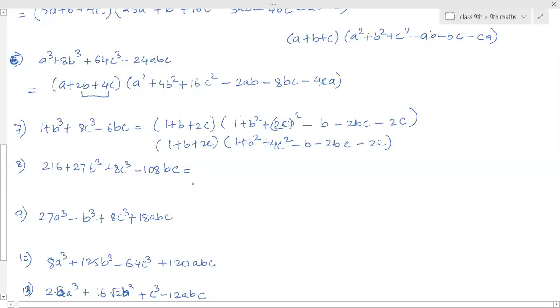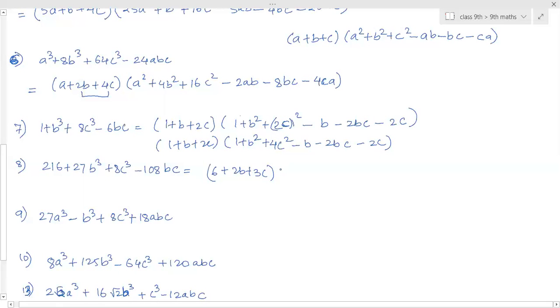Last step, ma'am. 6 plus 3b plus 2c, bracket close. 6 plus 2B plus 3C?